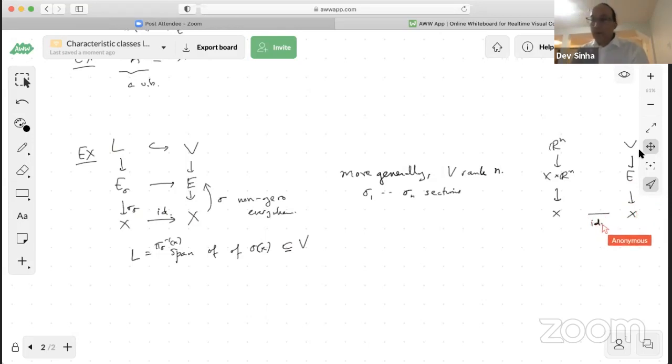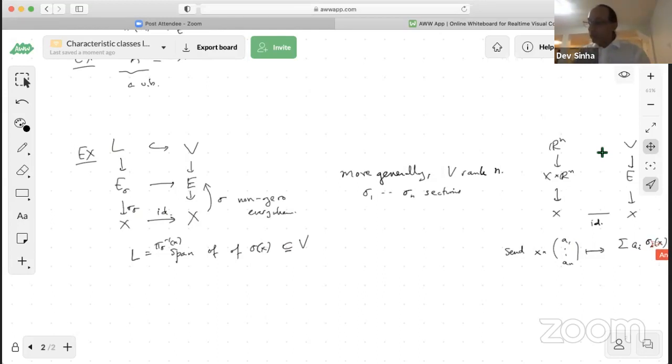And what we can do is, I claim, define a morphism by sending x cross some vector, call it a1 through an, to the sum in that fiber. So every fiber has a good linear structure. So one thing we can do is sum things in the fiber of ai times the ith section.